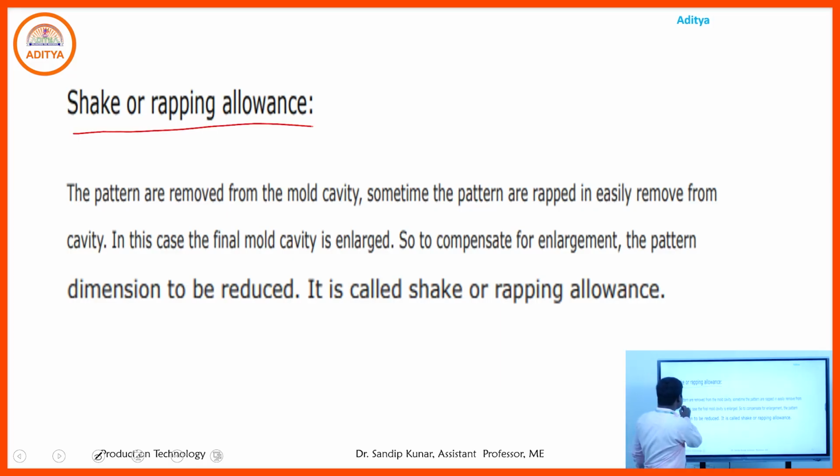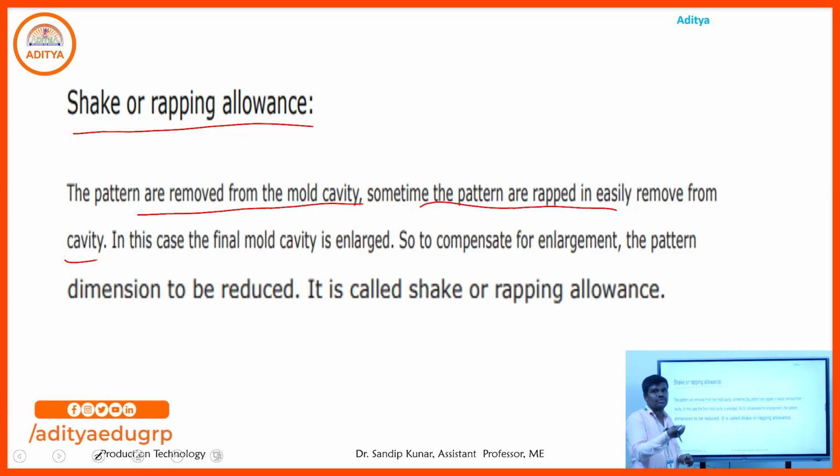So what is that? When the pattern is removed from the mold cavity, sometimes the pattern is rapped easily. Rapped means it is shaken and easily removed from the cavity. Due to shaking or rapping, extra shape is generated in the mold cavity, and due to the extra shape we easily remove the pattern.